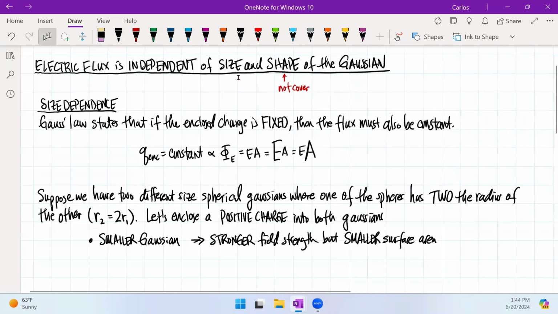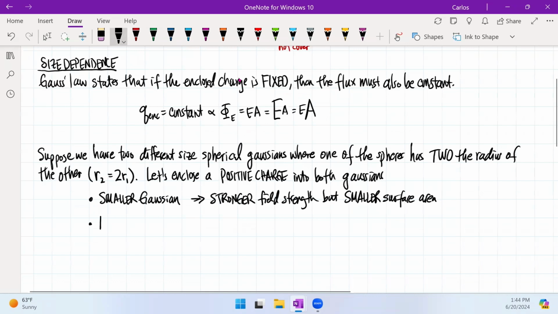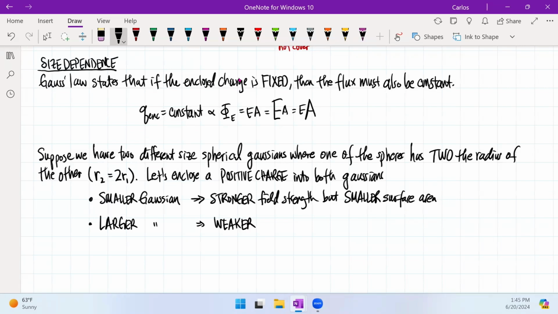On the other hand, if I look at the larger Gaussian, then I'm going to have a weaker field strength, but a larger surface area.